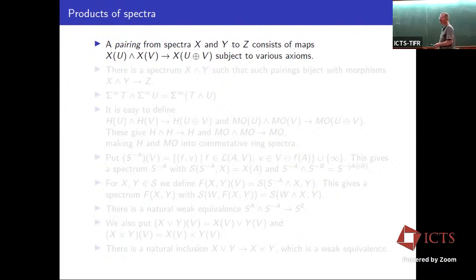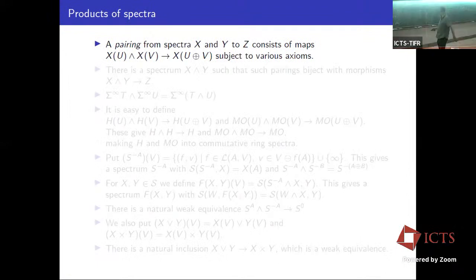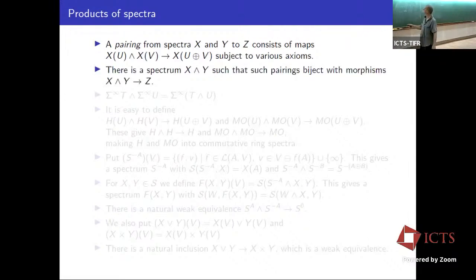That's what we mean by a pairing from X and Y. They're supposed to have various compatibilities with the structure maps for X, Y, and Z. And then there's the smash product X smash Y, and it's defined in such a way that pairings like this, which you should think of as bilinear maps from X and Y to Z, biject with morphisms of spectra from X smash Y to Z.